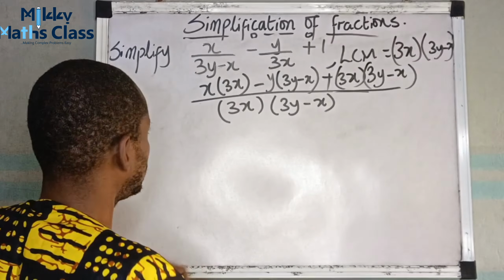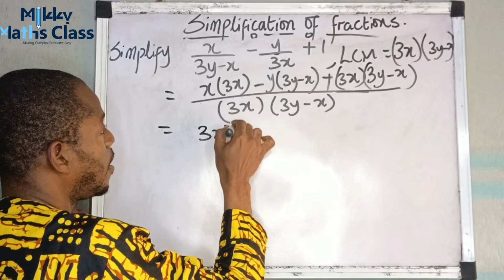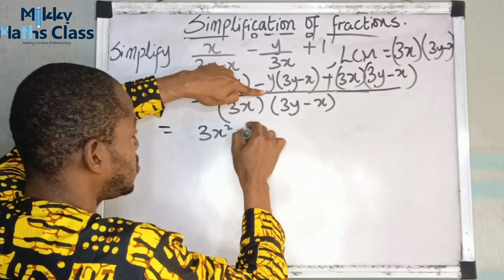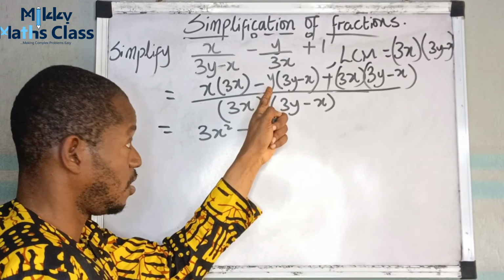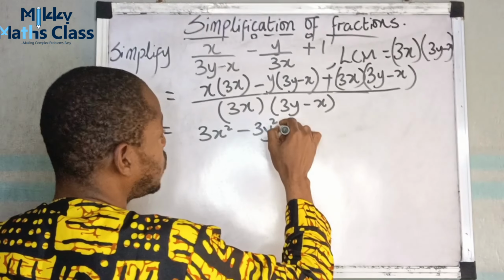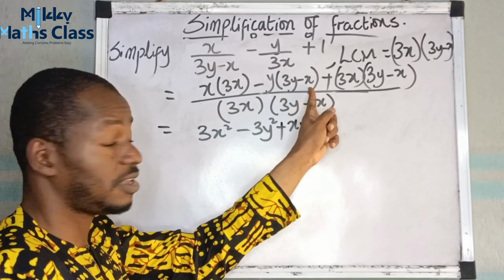So 3x times x, that will give us 3x squared. Then negative y times this, that will give us negative 3y squared. Negative y and negative x will give us positive xy, because this is negative and negative.